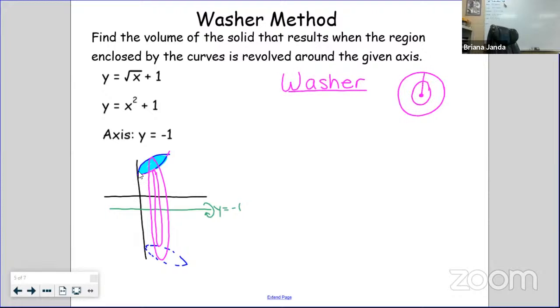First of all, the center of our circle is down at -1, and our outer function was this curve right here, which is y equals the square root of x plus 1, right? So as we talk about our outer radius, top minus bottom always. So the difference between our function and our axis of rotation would be the square root of x plus 1 minus -1.